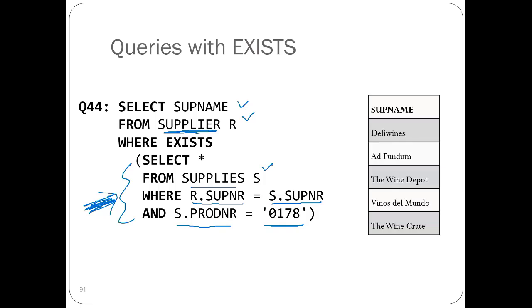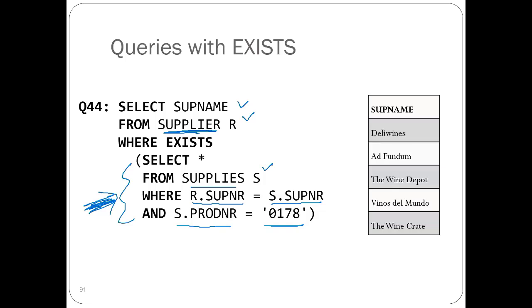This is the join condition. One more condition that we have here is that we are interested in the product 0178. So even though supplier number 37 is there in supplies, if that supplier is not supplying the product 0178, there will not be any tuple in the result. Does that make sense? If there is no tuple in the result of the inner query, then exists will return false.